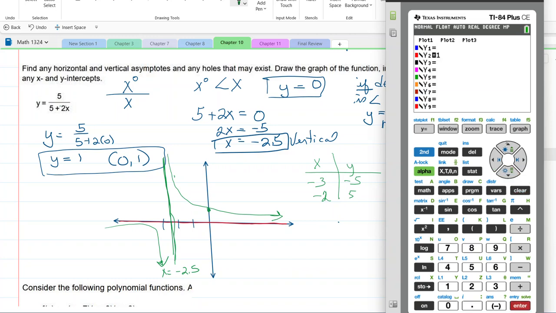All right. Oops, sorry. So I'm going to go to Y1, and I'm going to say 5 divided by, open parenthesis, 5 plus 2x, close parenthesis.